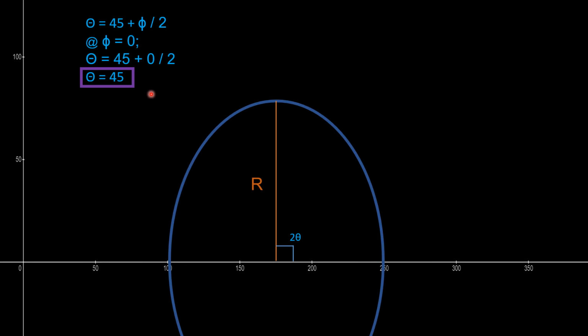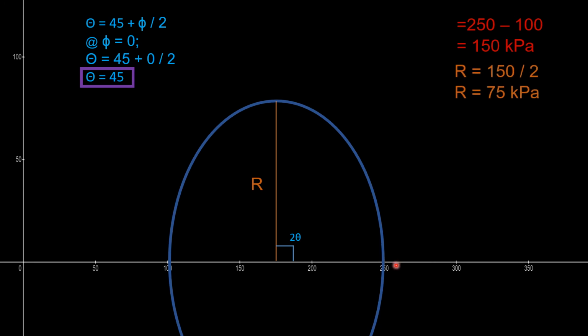And then the second question is, we're going to find the maximum shearing resistance, which is here, the R. So to get the value of R, we will get first the diameter, and after getting the diameter, we'll divide it by 2 because R equals diameter over 2. To get the diameter, 250 minus 100 is equal to 150 kilopascals.